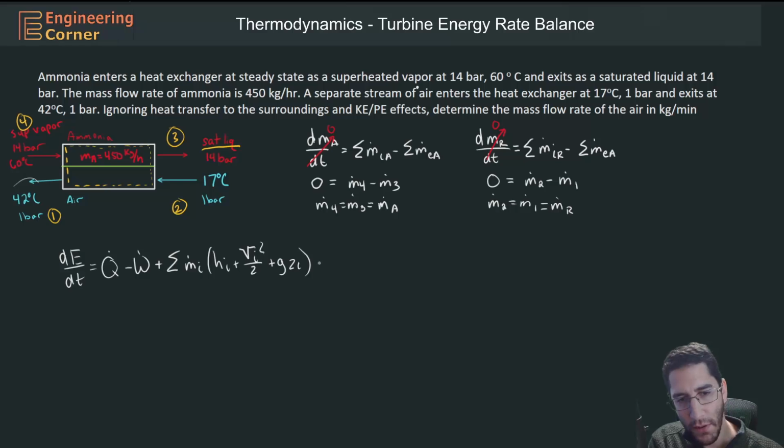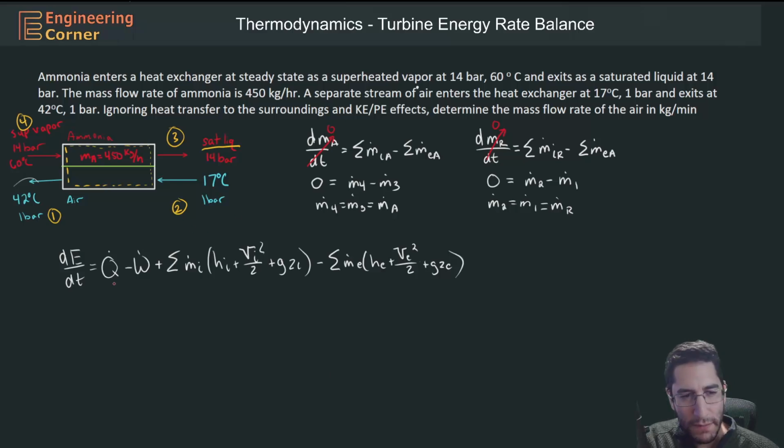And then we're going to have to subtract out the mass flow rate of all my exit, times their enthalpy plus their kinetic energy term, oops, this is E, plus their potential energy term.